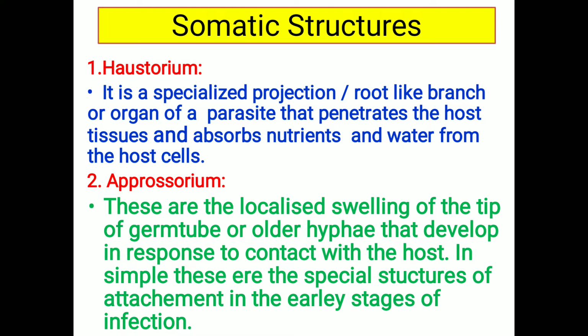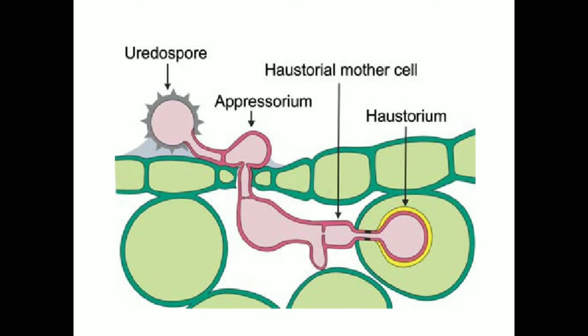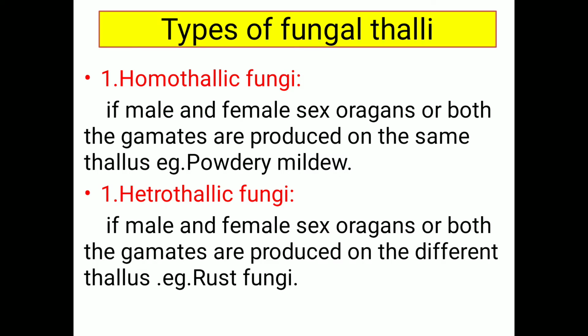In simple terms, these are special structures of attachment in the early stages of infection. In the case of rust fungi, here it is mentioned urediniospore, and from that urediniospore, the initial organ of the fungus that comes in contact with the host surface is called the appressorium.